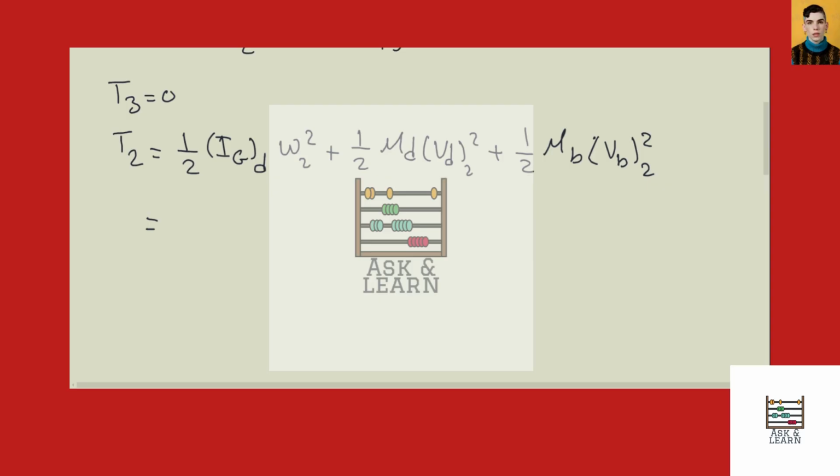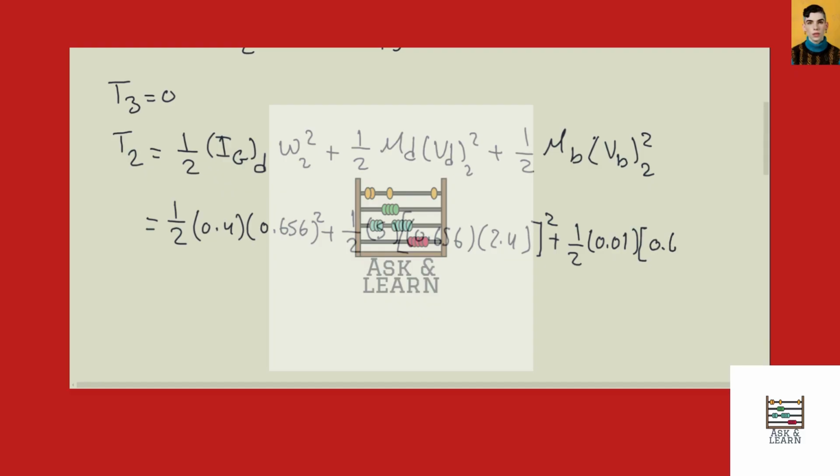If we substitute the values, we will have half times 0.4 times 0.656 squared plus half multiplied by 5 multiplied by 0.656 multiplied by 2.4, and this bracket squared, plus half times 0.01 multiplied by 0.656 root 5.92 squared. So T2 will be equal to 6.2996 joule.